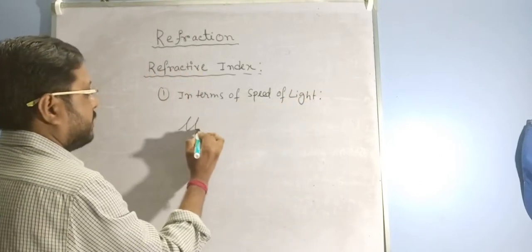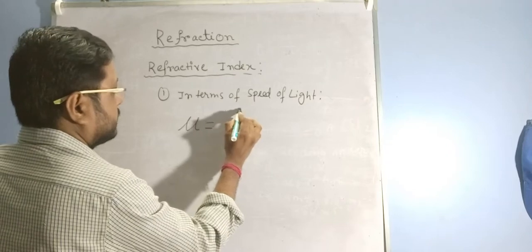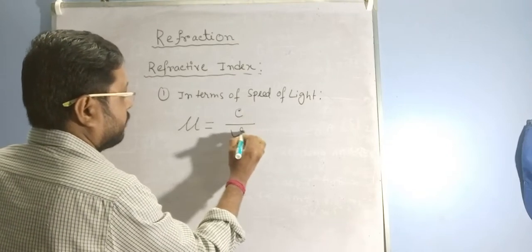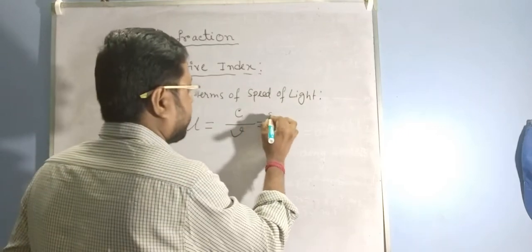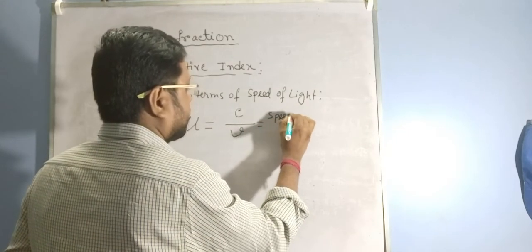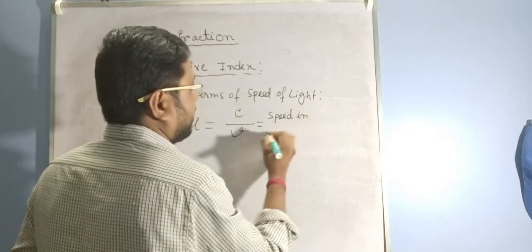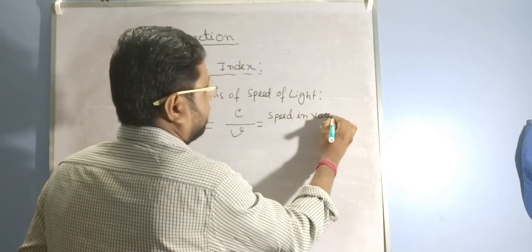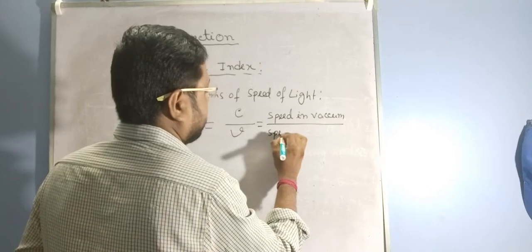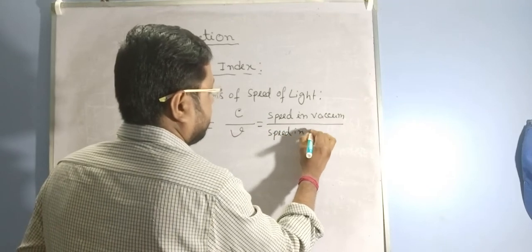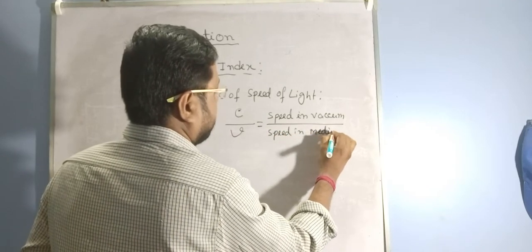It is denoted by mu equals c upon v, where c is the speed of light in vacuum and v is the speed of light in the medium.